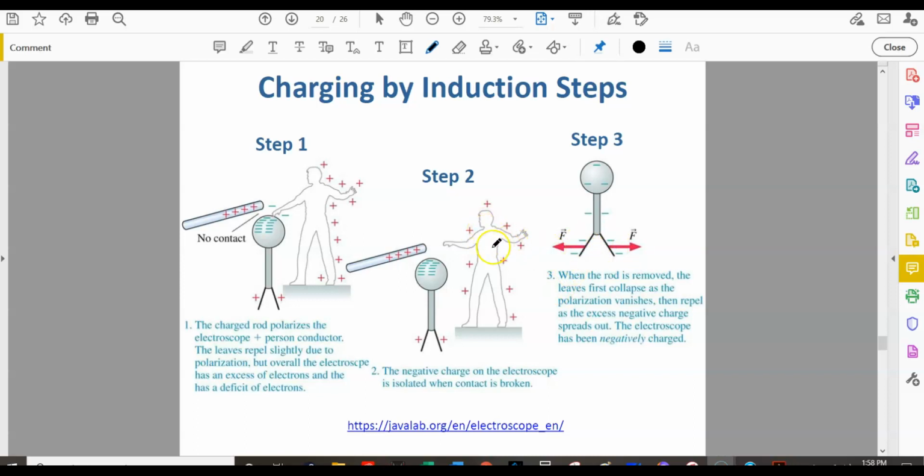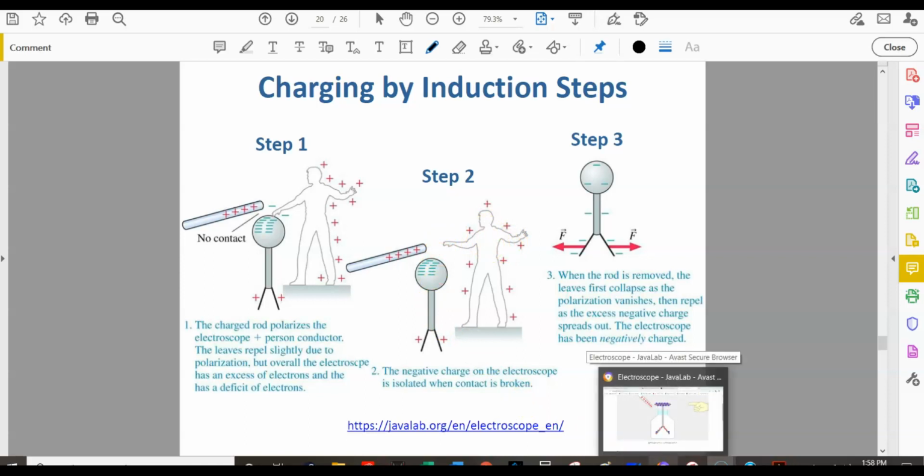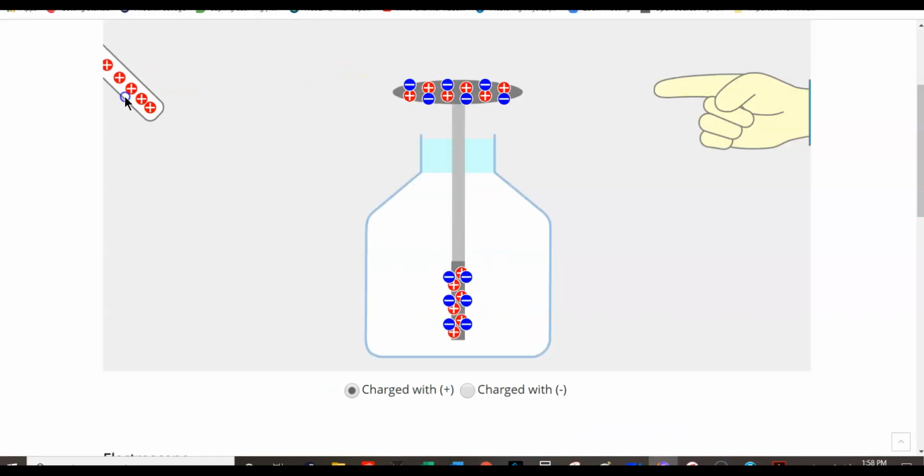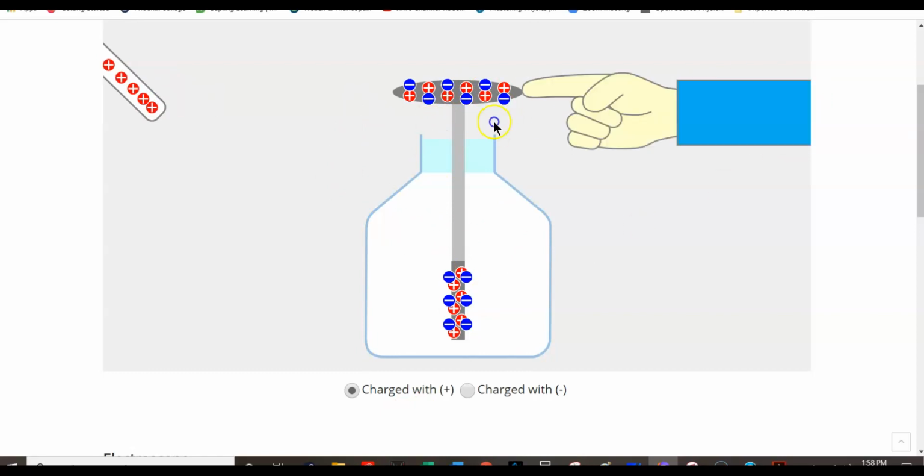Okay, so let me show you what I'm talking about by the simulation. I'm going to go back to this simulation and do exactly what we did before. Here, the electroscope is neutral and the person is neutral. So if you touch it, nothing's happening.